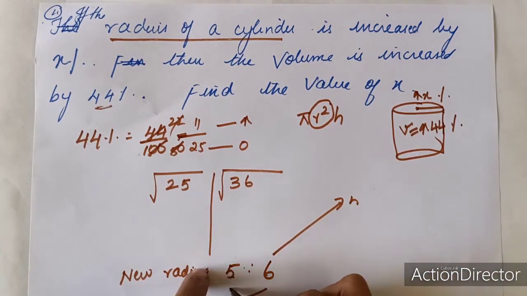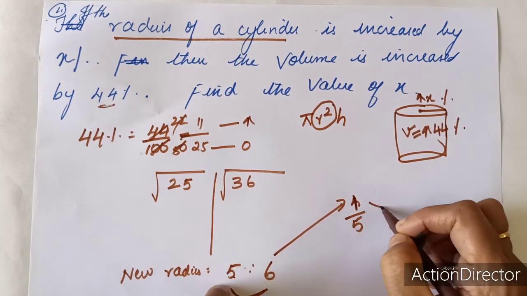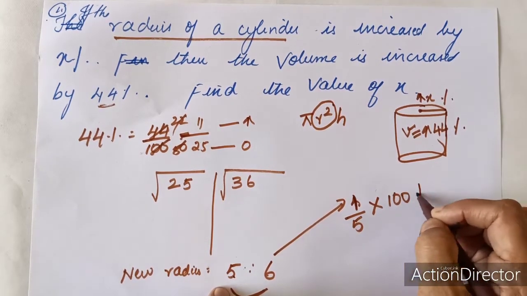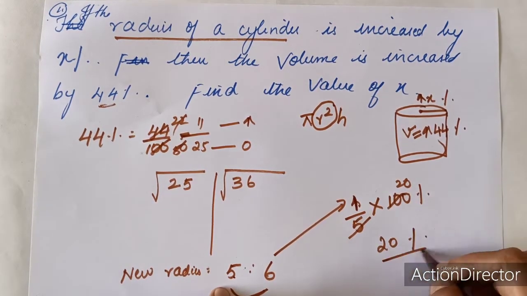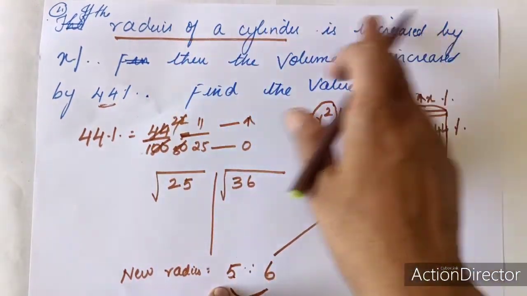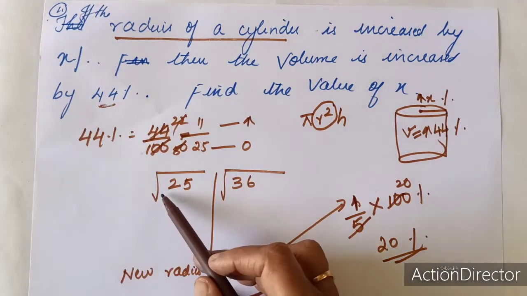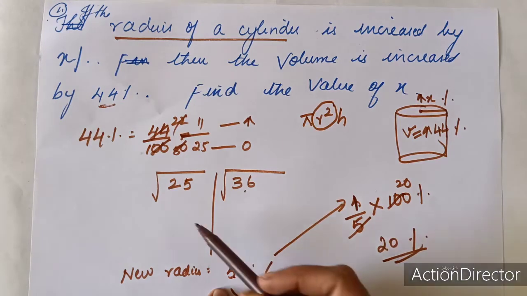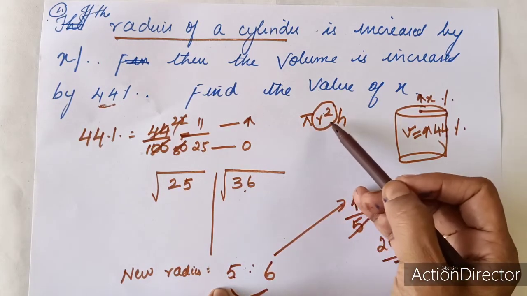Suppose if you are asked to find how many percent this radius is increased, what is the difference here? Difference is 1. So you can write 1 upon original 5 into 100%, which is equal to 20%. So now what is the answer? The radius of the cylinder is increased by 20%. First you have to take the square root. We are taking the square root because R square is given.